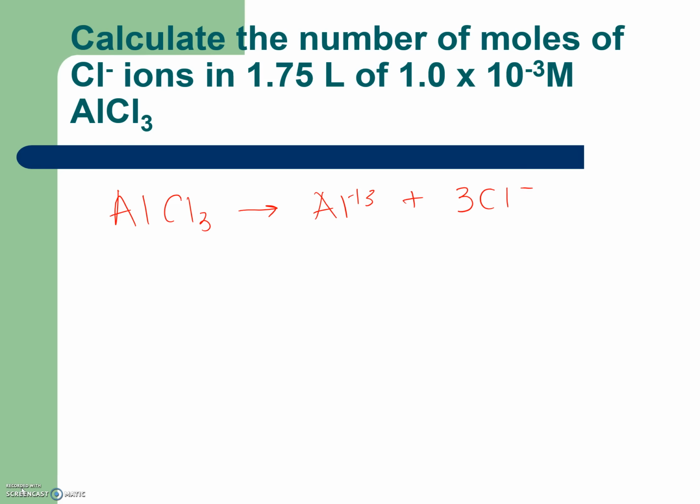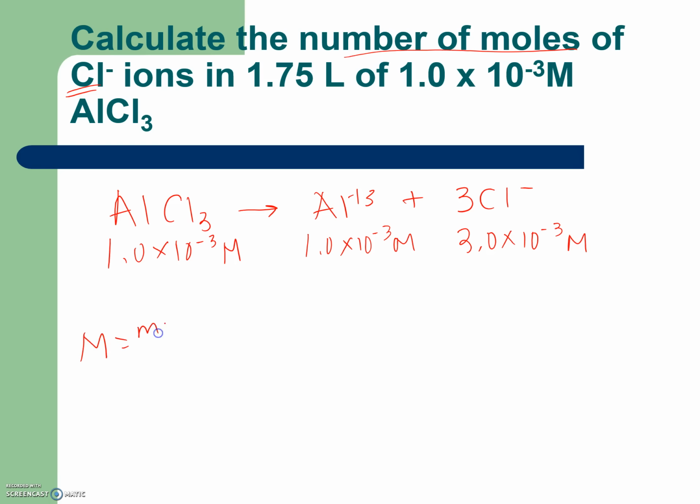So I'm looking for the moles of chloride ions. Well, I have a 1.0 times 10 to the minus 3 molar solution. It's a 1 to 3 ratio, which means this is 1.0 times 10 to the minus 3 molar, but this is 3 times the amount because there's 3 times as much. So 3.0 times 10 to the minus 3 molar of chloride ions. It wants to know the number of moles, and so my problem's not done. Molarity is equal to moles over liters.